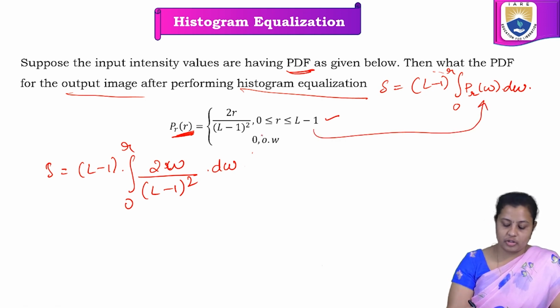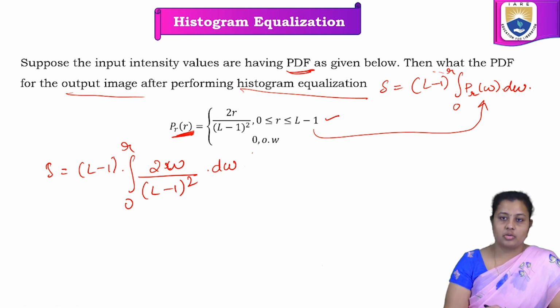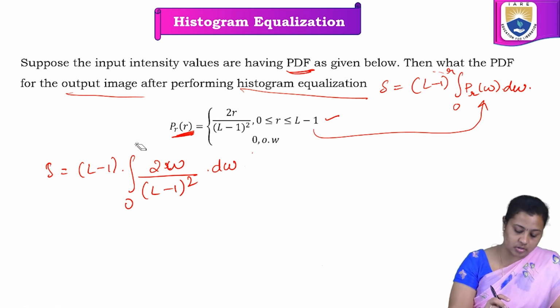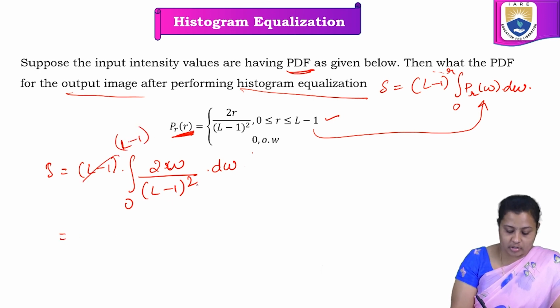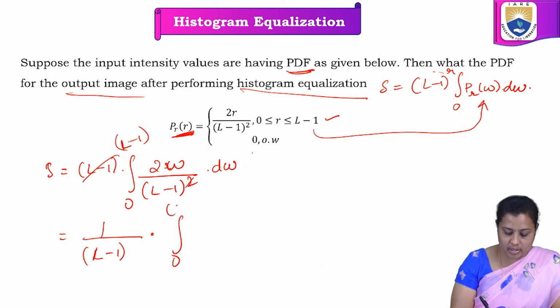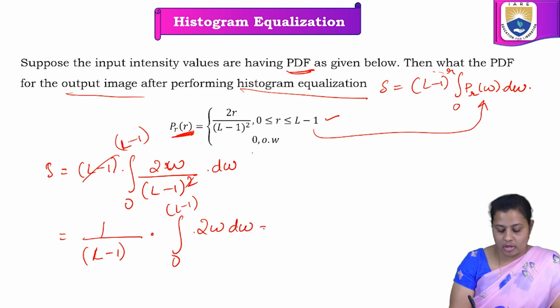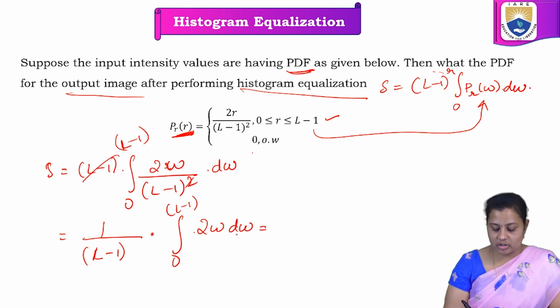This function is satisfied only for the range 0 to L minus 1. So, I can cancel this, and I get 2 by (L minus 1) times the integration from 0 to R of W dW.